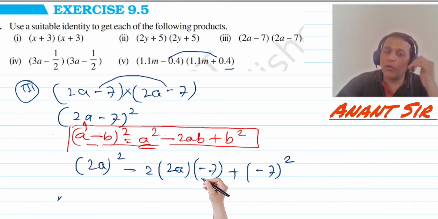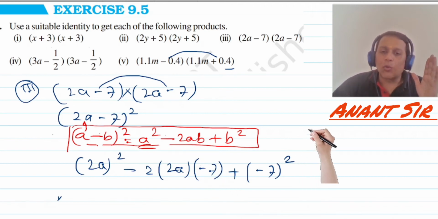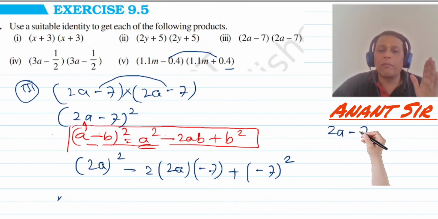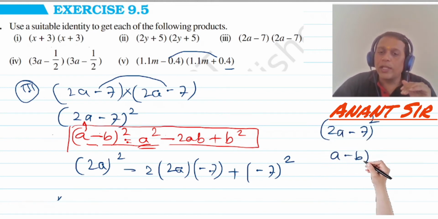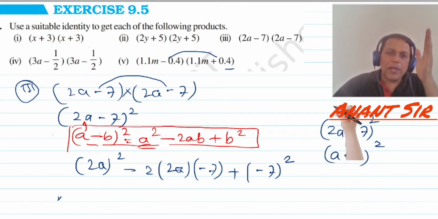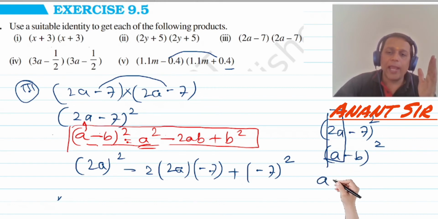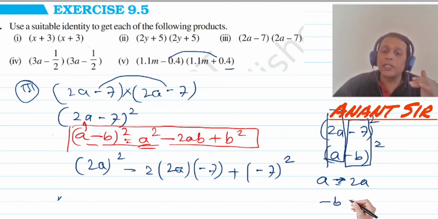Have you observed what the mistake is here? Many students do it like this. See, the question is (2a minus 7) whole square, right? And we are using the formula (a minus b) whole square for this. So just compare the terms. a is replaced by 2a in our question, and minus b is replaced by minus 7.